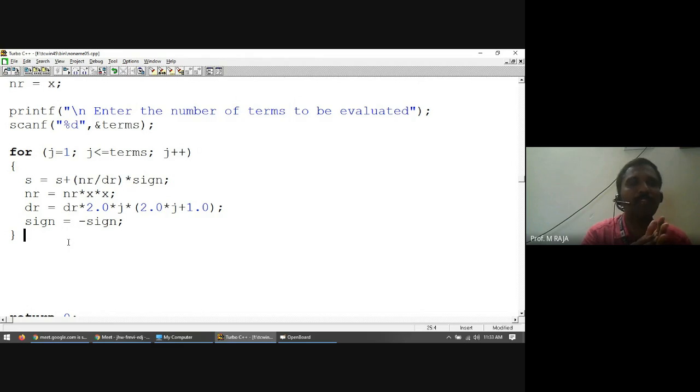Suppose terms is equal to 2. When j is equal to 1, x is evaluated, then numerator is updated as current x into x square, that is x power 3.